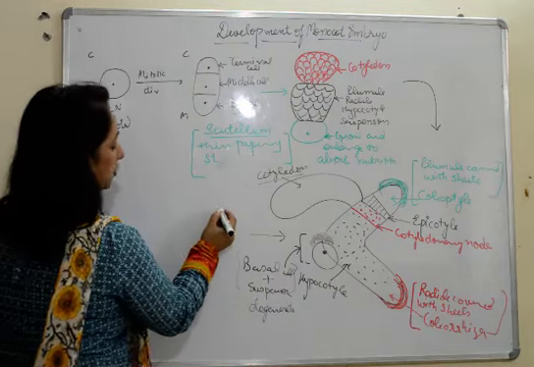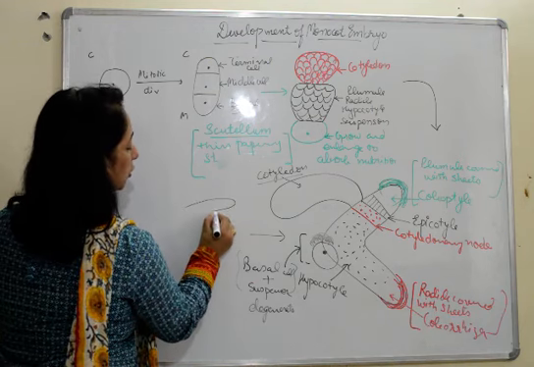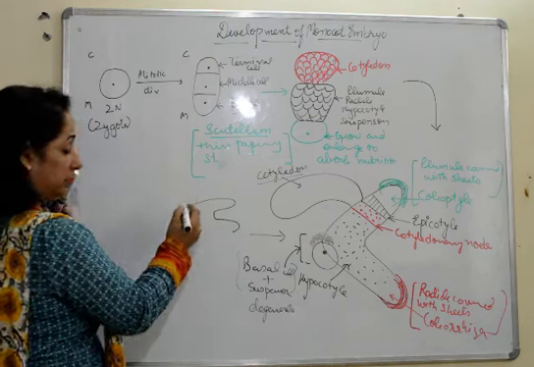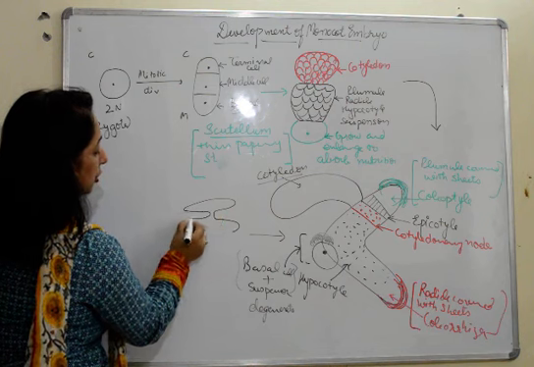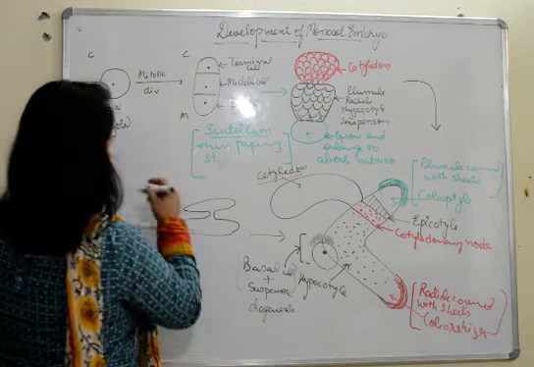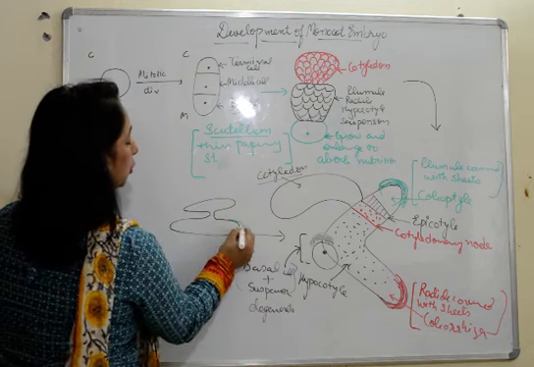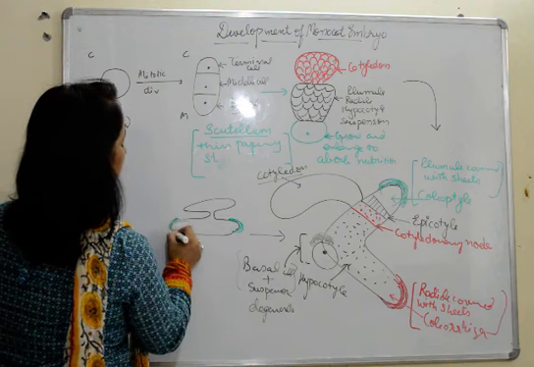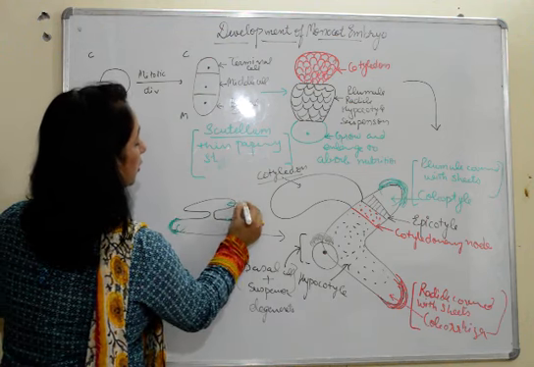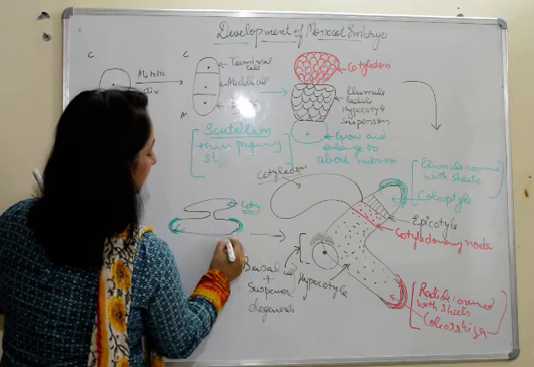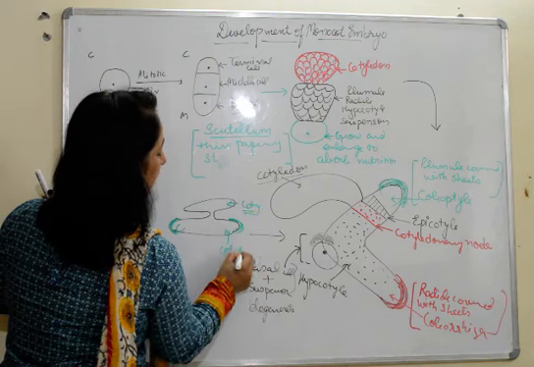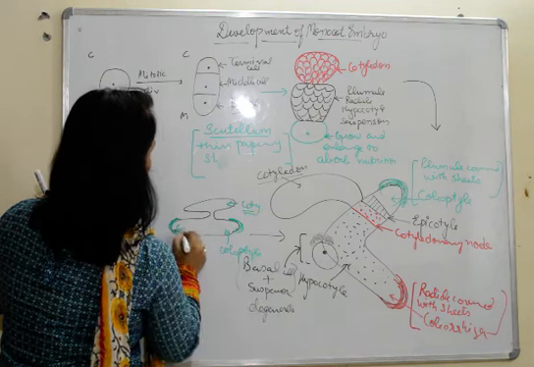If we observe this structure, we'll have this cotyledon attached to this part, and here we have the coleoptile and this side we have the radicle and this is the cotyledon.